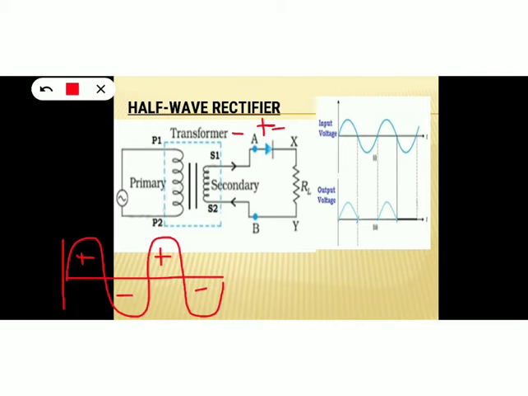And whenever the diode is reverse biased, negligible current flows through the diode. That means approximately no current flows through the diode. So during the negative half cycle of AC, there won't be any output. It will be blank.